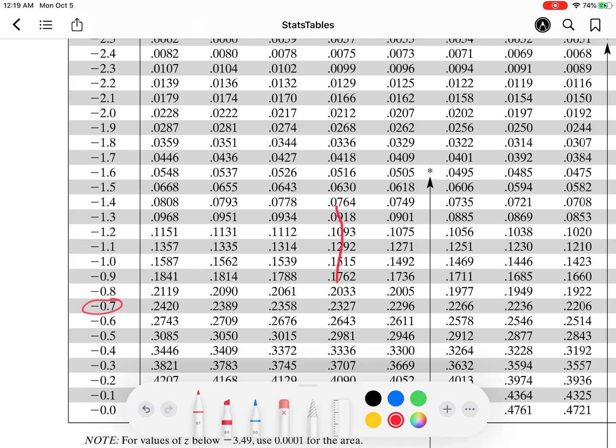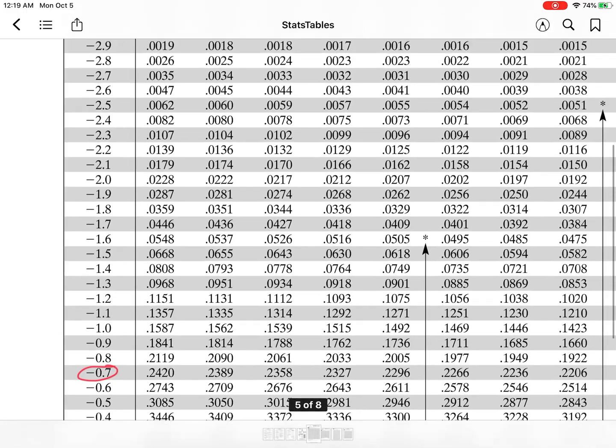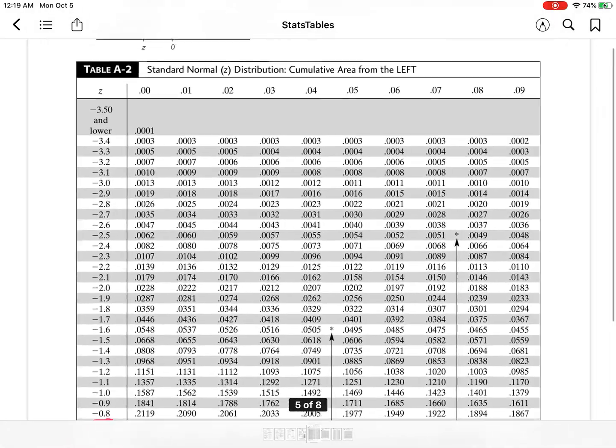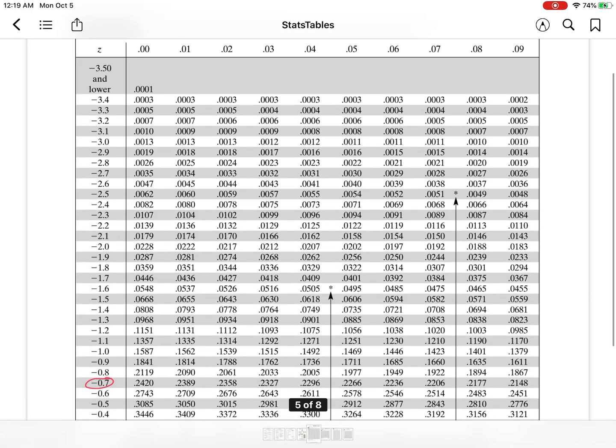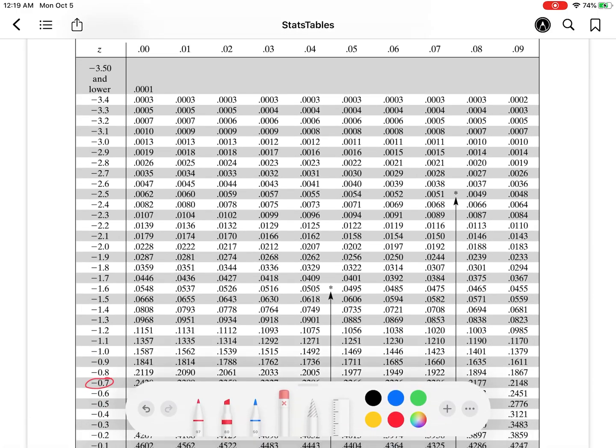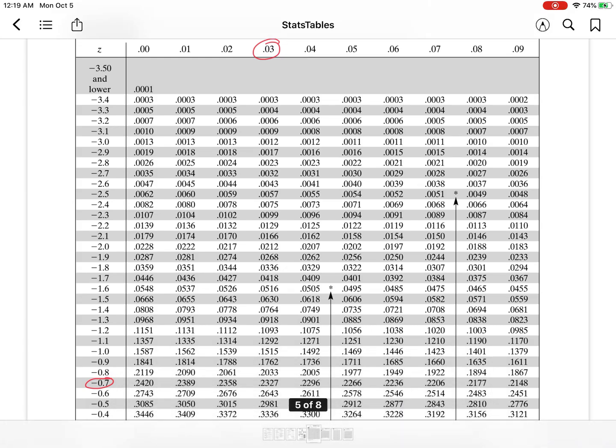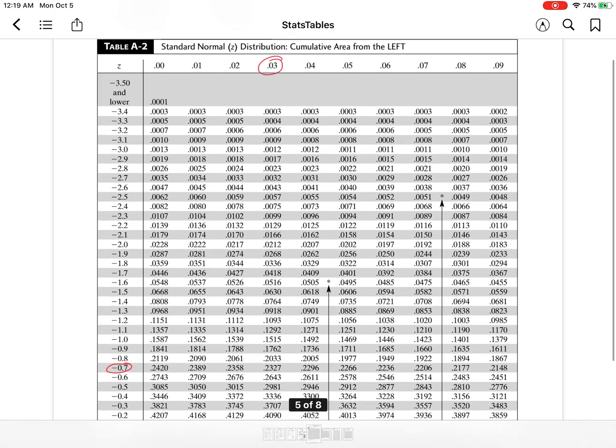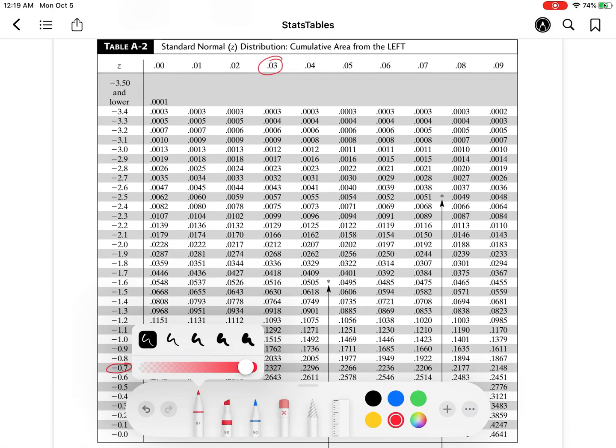Here's negative 0.7, and we've got to look up the 0.03 over top. There it is. So when I put the negative 0.7 with the 0.03, that's going to give me negative 0.73.